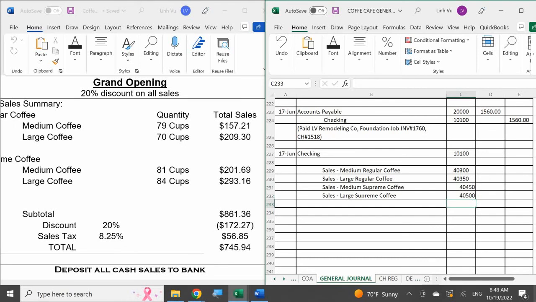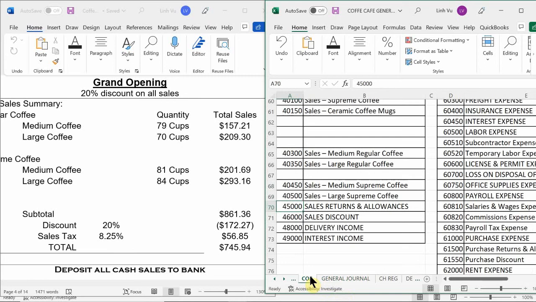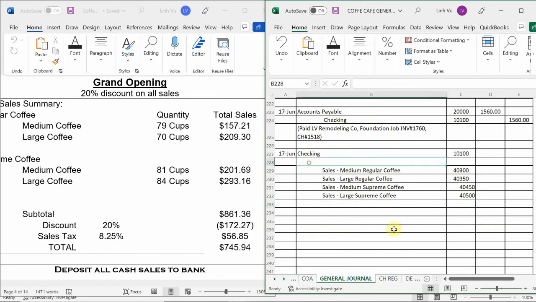The discount. You need to recognize the sales discount. Okay, what account is sales discount? 4,600. Okay, we need to recognize the sales discount. What else do we need to recognize? The tax. We charge tax.